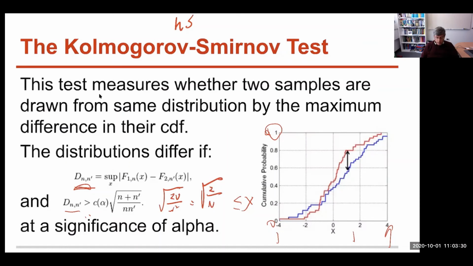Which means that if we have n samples drawn from the same distribution, the biggest gap between our observed distributions should be no more than a constant times 1 over the square root of n.